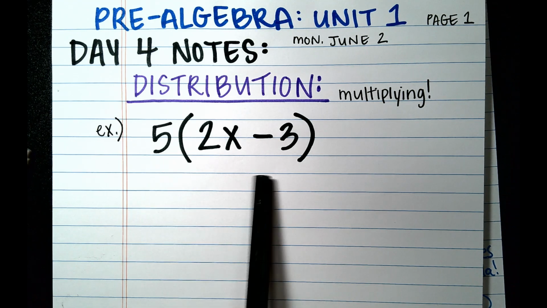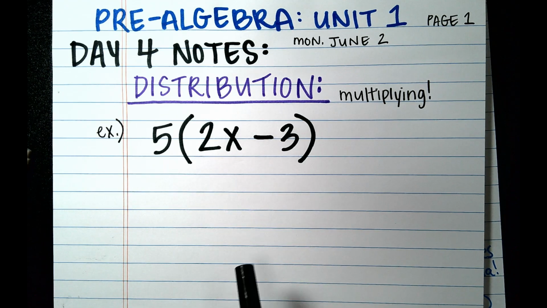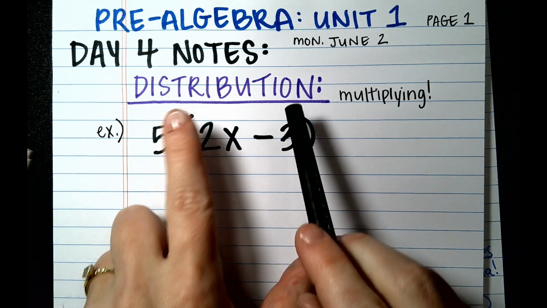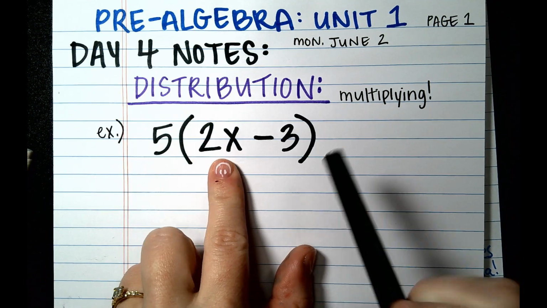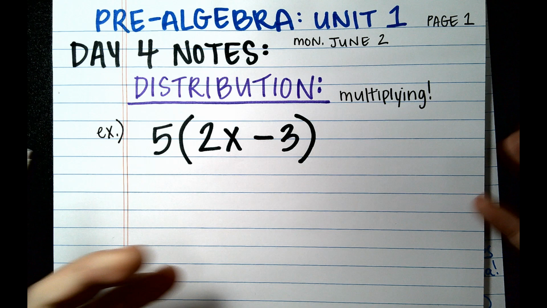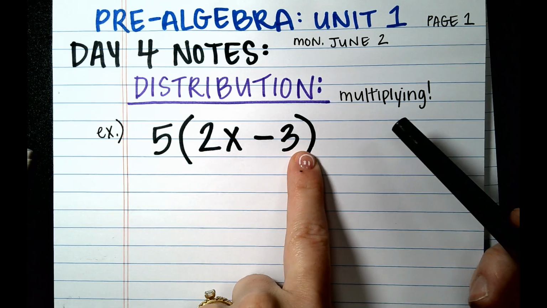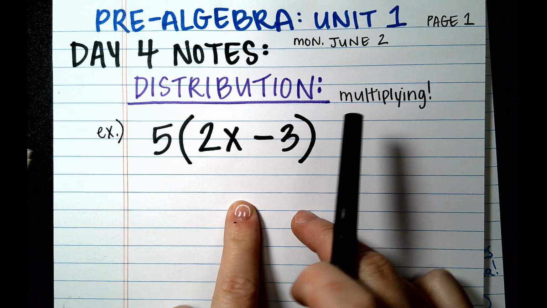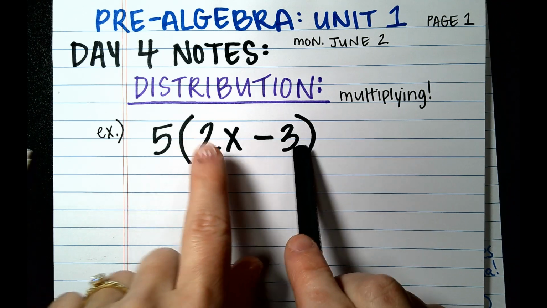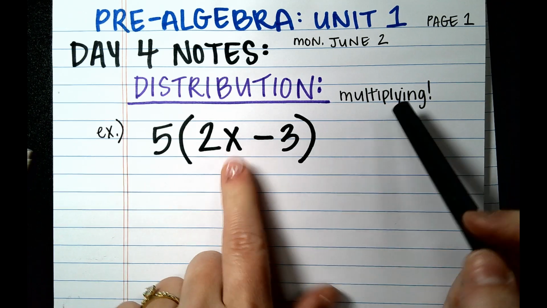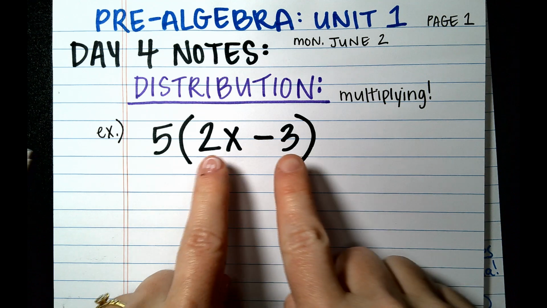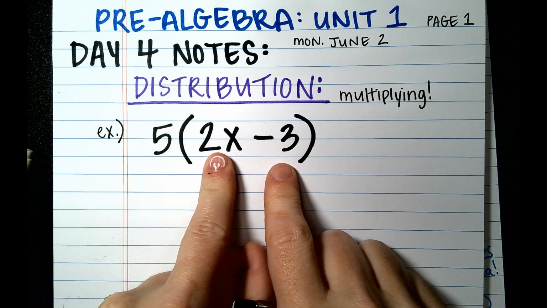The order of operations tells us to do what's in parentheses first. In parentheses, I have 2x minus 3. If this was something like 2 minus 3, or maybe even 2x minus 3x, I could do what's in parentheses first. But these are not like terms, and I don't know what x is, so I can't do what's in parentheses.